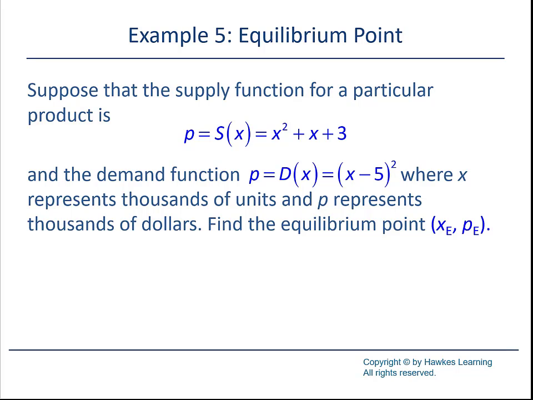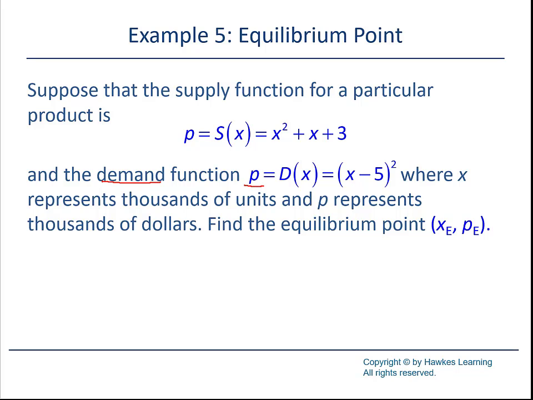Next, we've got a supply function for a particular product. We've got a demand function. Now notice the demand function, even though it's called the demand function, it's in terms of P, the price.